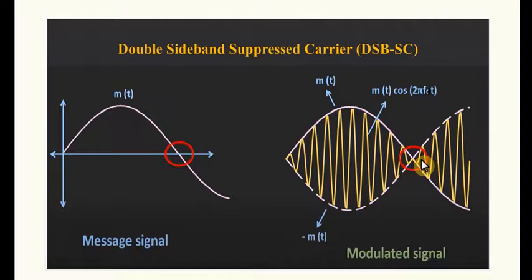So we cannot use a simple envelope detector to retrieve the message signal, which is in the envelope, because of this phase reversal. The envelope detector cannot extract the message signal from the modulated wave.